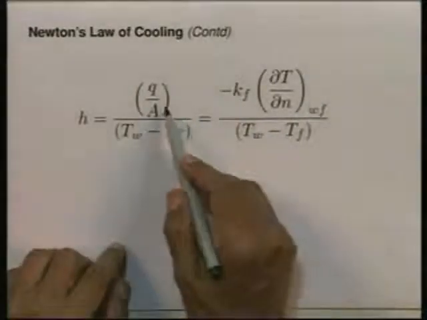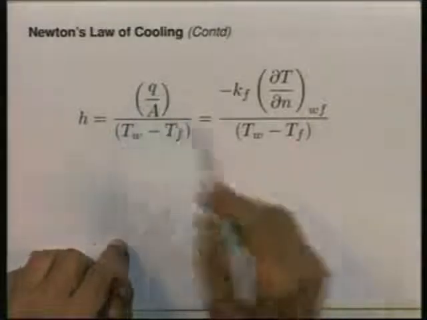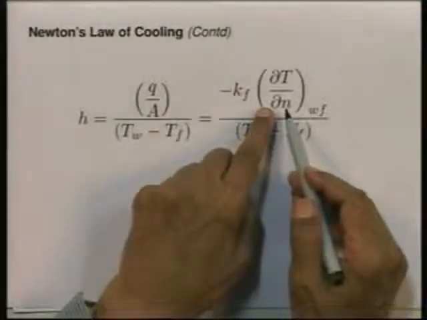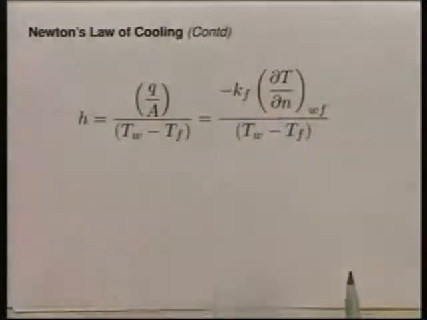So, we are using for the numerator now Fourier's law of heat conduction, because we know that right at the wall pure conduction is taking place, the fluid is stationary.